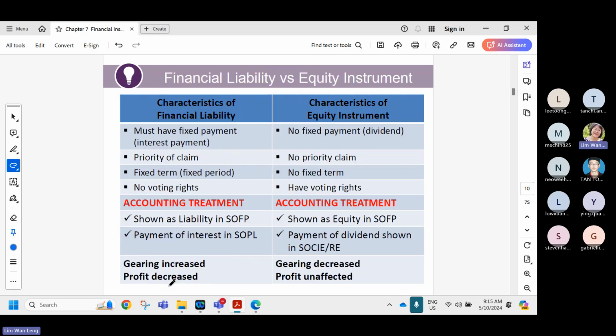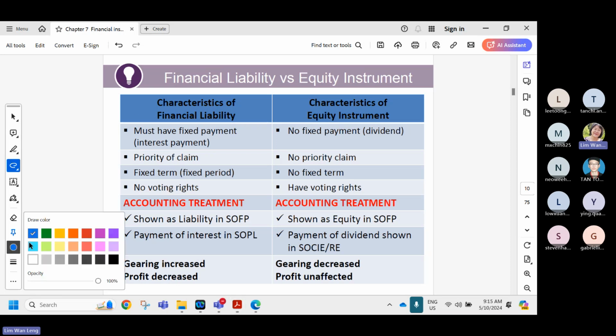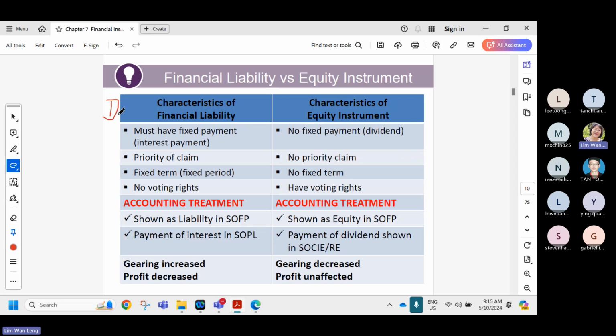Since we are still at how to distinguish between financial liabilities and an equity instrument, you just have a quick look at this particular summary. For you to appreciate this, it will be easier if, for the characteristics of financial liability, you think about debentures. For characteristics of equity instrument, you think about your ordinary shares.